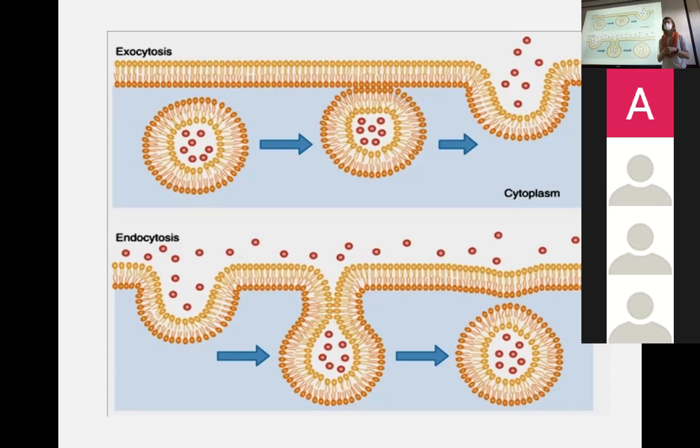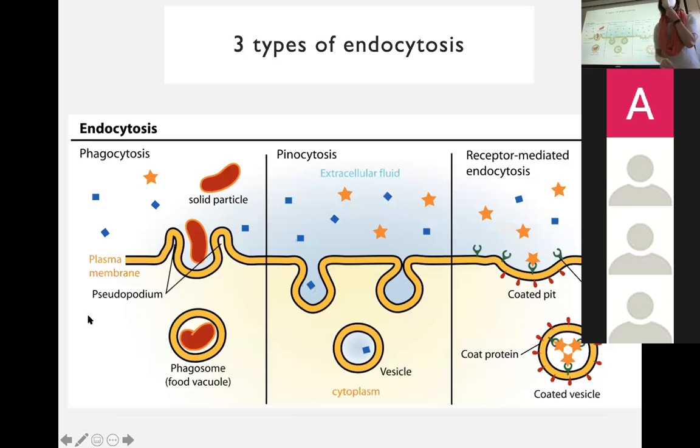That is all I'm going to say about exocytosis. Bringing stuff into the cell, there's actually 3 different types of that. So I'm going to go over those really quickly. They're pretty easy to understand. So remember, this is endocytosis. We're bringing stuff into the cell. Phagocytosis is probably the most well-known one, I guess.